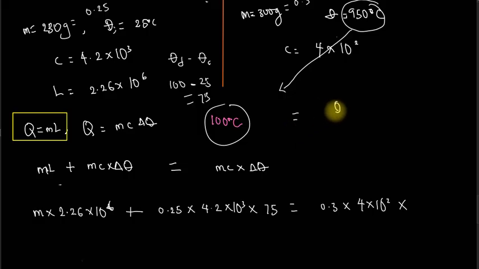So here we have theta hot minus theta final, because the final steady temperature will always be less than the hotter body, or the hotter liquid or the hotter object. So 950 minus 100 is equal to 850. So times 850.